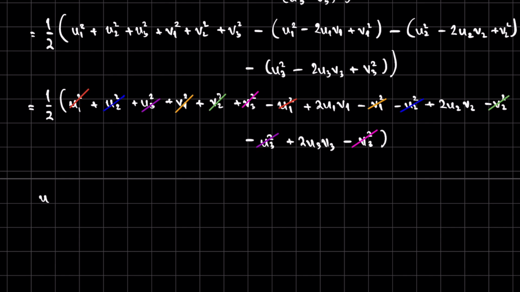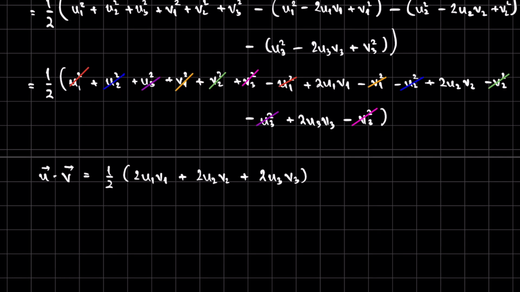So you got u dot v now equal to 1/2 times (2u1 v1 plus 2u2 v2 plus 2u3 v3). And 2 is the common factor inside the parentheses, so you take out the 2, and the 2 with the 1/2 in front cancel out, and you're left with u dot v equal to u1 v1 plus u2 v2 plus u3 v3.